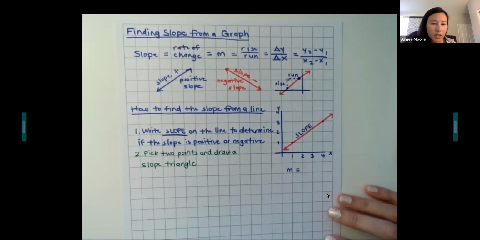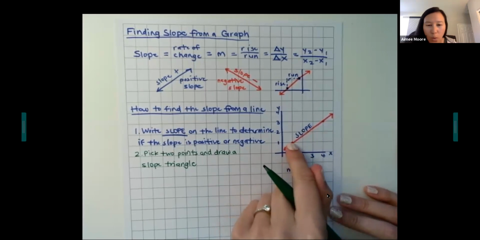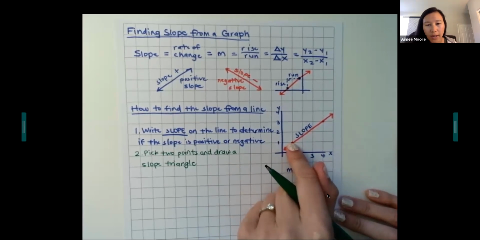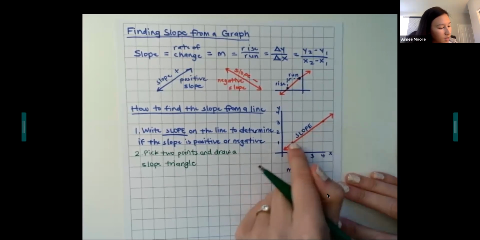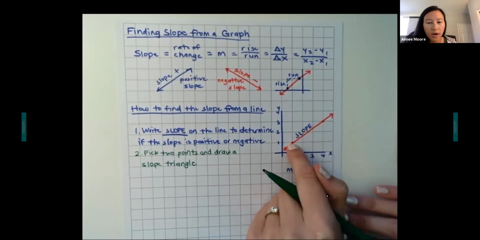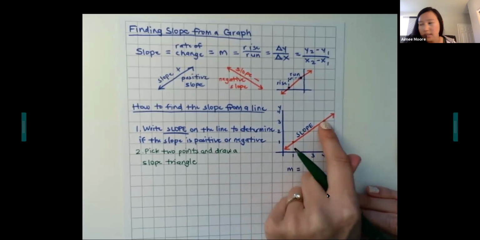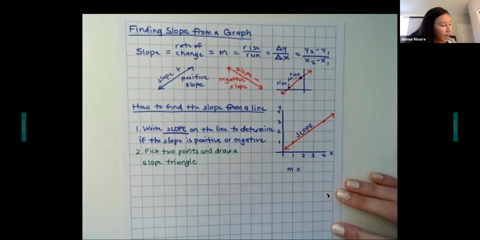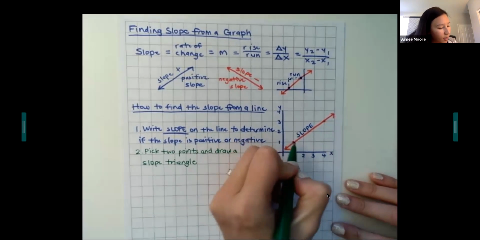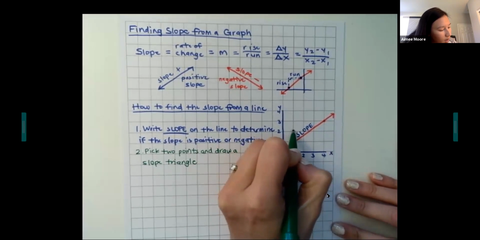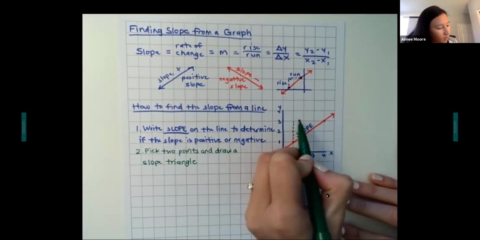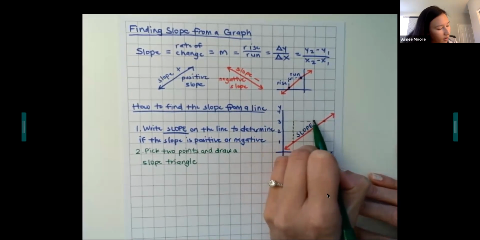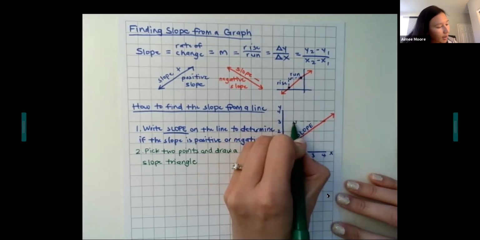The points you pick, you want them to be right on the corners. If it's not a good point, we don't know what it's going to be, it could be a decimal. So we have to find the ones that have whole numbers, which were these two that we plotted: 1, 1, because x and y are whole numbers, and 4, 3, because x and y are whole numbers. Then you're going to start at the bottom one and draw a line all the way up until it would hit your other point to form a 90-degree angle.